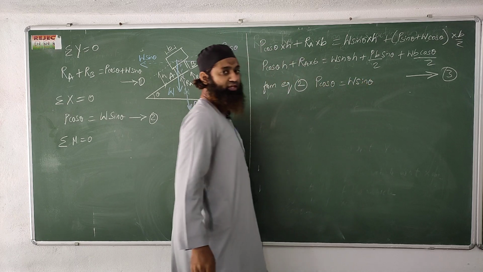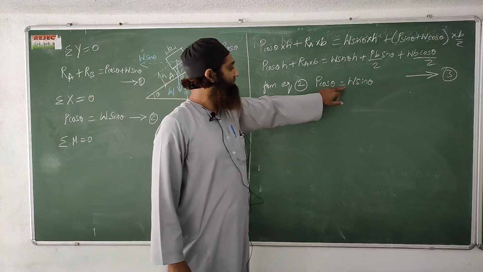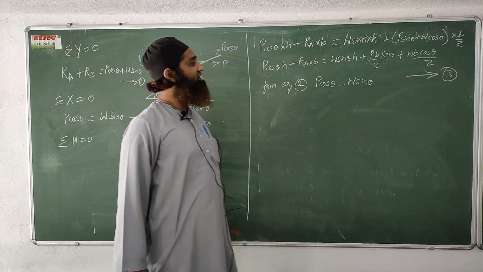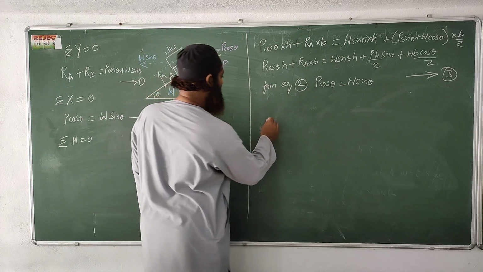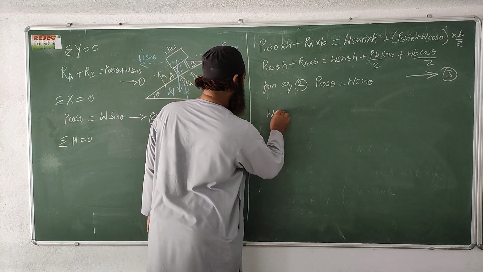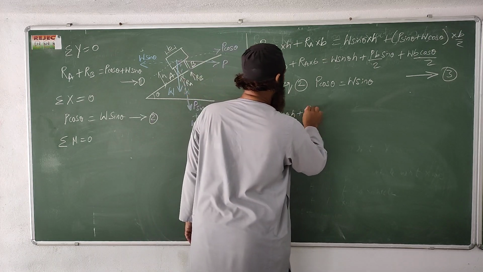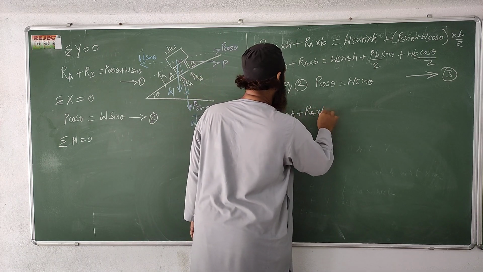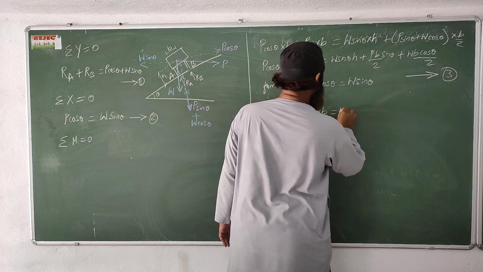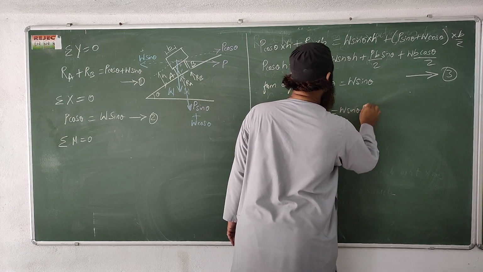I'm just substituting this P cos theta is equal to W sin theta in equation 3. Let us see what we'll be getting here. W sin theta into h plus RA into B is equal to W sin theta into h.